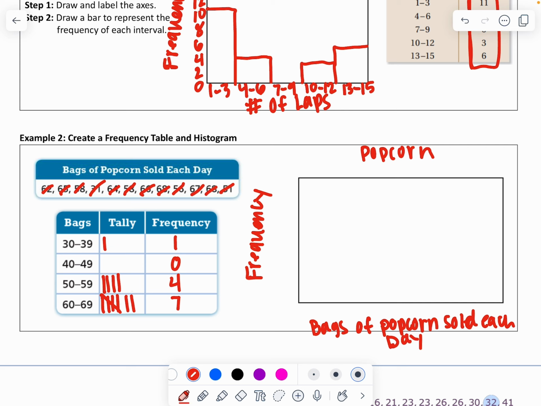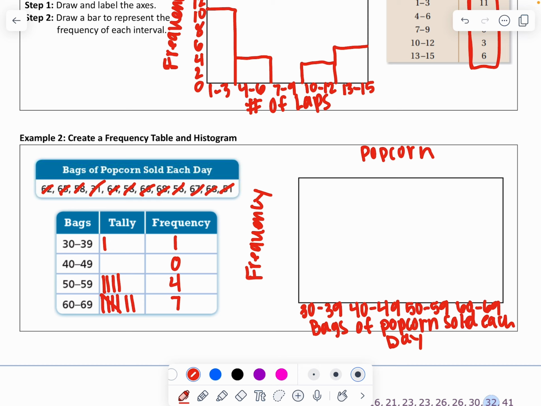Okay, that's our x and y-axis and our title for our graph. So now we need to put our intervals on the bottom. We have 30 to 39, 40 to 49, 50 to 59, and then 60 to 69.